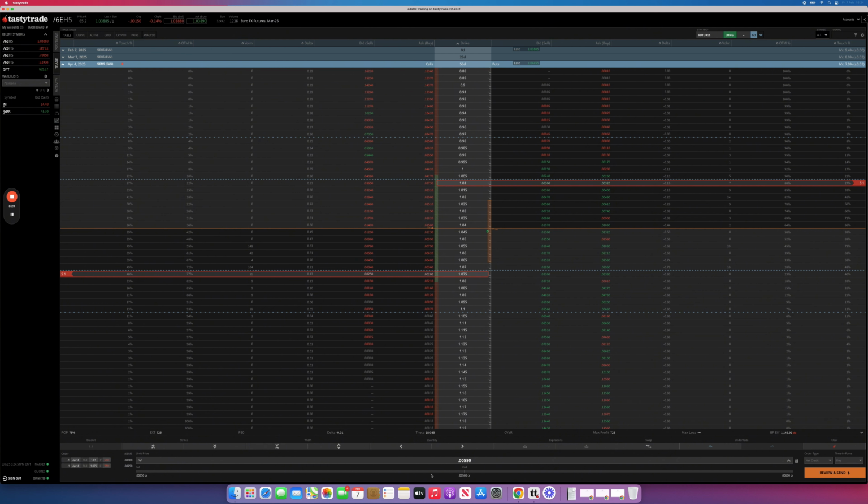Now, if we were to get filled at this mid price here, we would collect $725 in profit upfront. That's going to get added automatically to our cash balance. Our broker does that for us as soon as this trade gets filled, and our broker is going to need just over 1.1k in buying power to open this position.